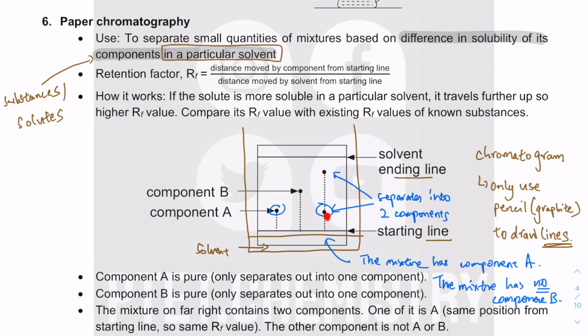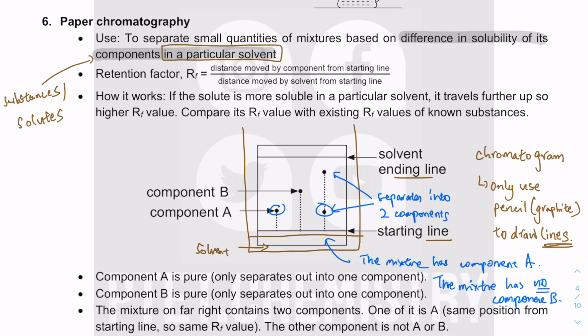But they will move up and up and up, provided you don't take this filter paper out. They will move beyond the length of the filter paper. So what you must do towards the end is take out the filter paper before the solvent wets the whole filter paper to the very end.